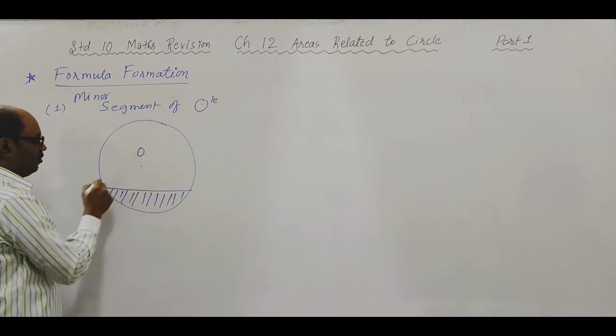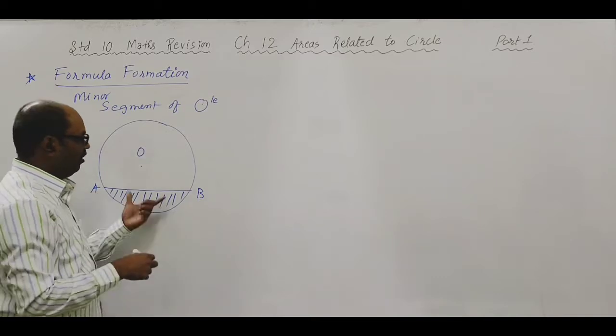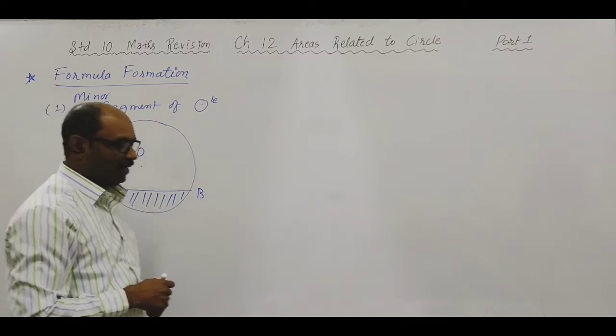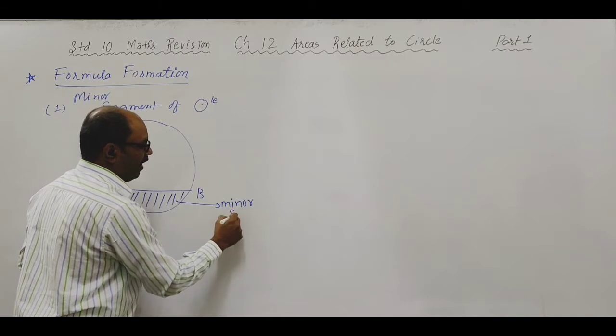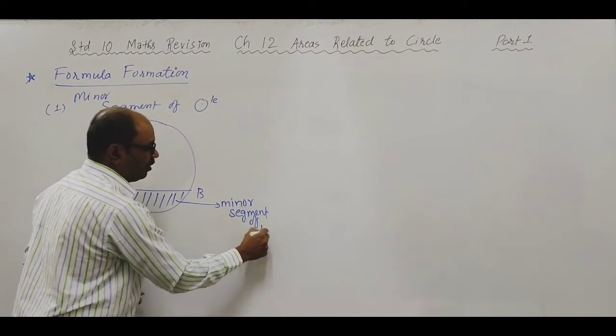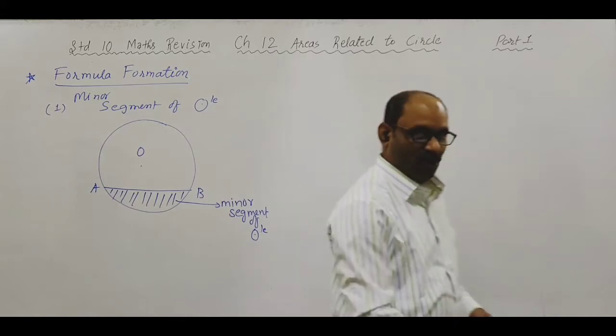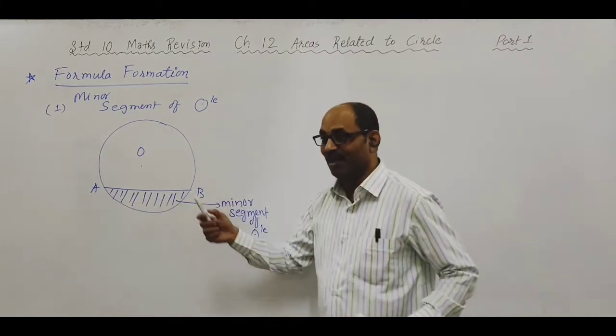Center is O, and this is arc AB; arc AB union chord AB gives me the minor segment. ये है minor segment of circle. Is that clear? Okay. Understood?